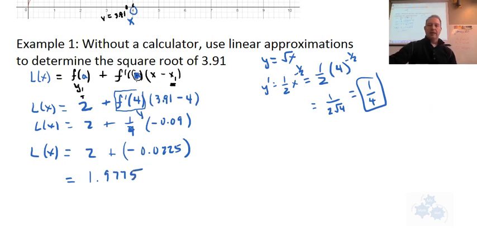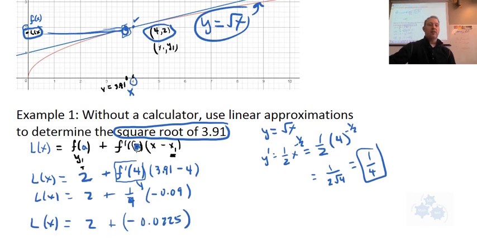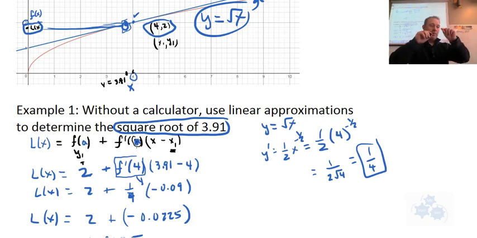So that means that we have used calculus now to find out what the square root of 3.91 is. Because this L of x is going to give us the point on the blue graph, which is going to be very, very close to the point on the red graph, or y equals root x.